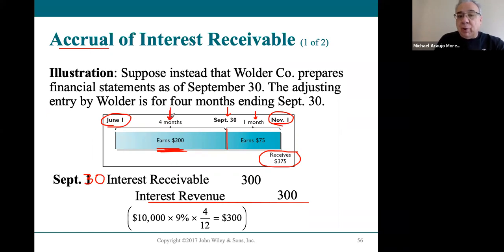Remember, the whole purpose of the adjusting entries is to make sure all the revenue and all the expenses are on the record for that year. So anything you've earned up until September 30th has to be in the record here, even though you're not going to collect it until the next fiscal year.